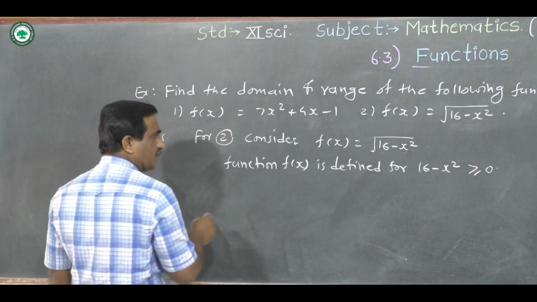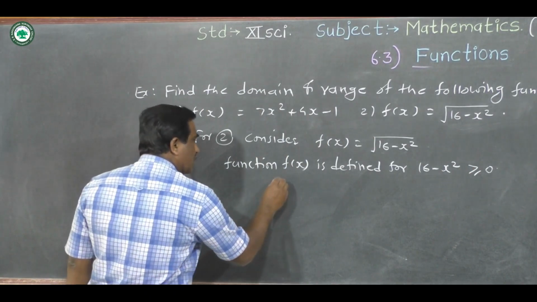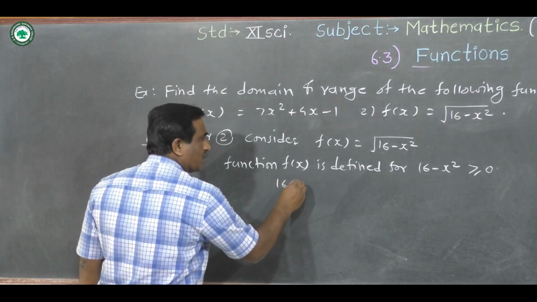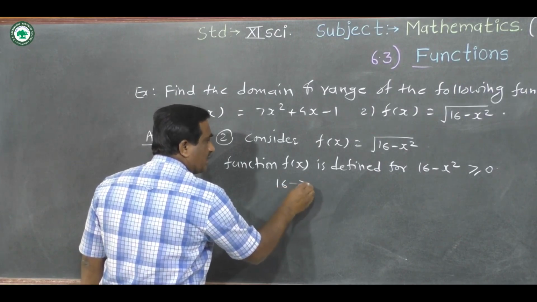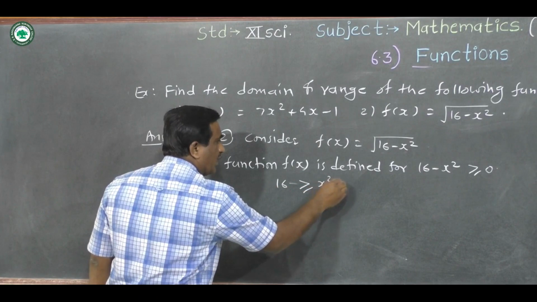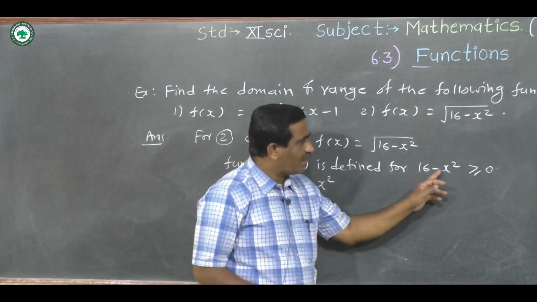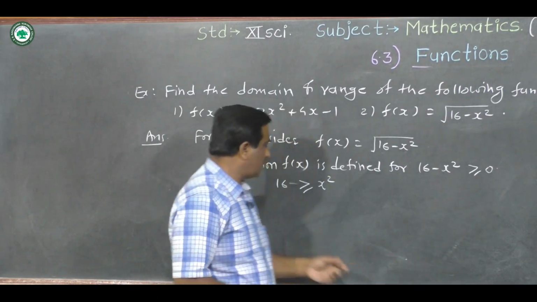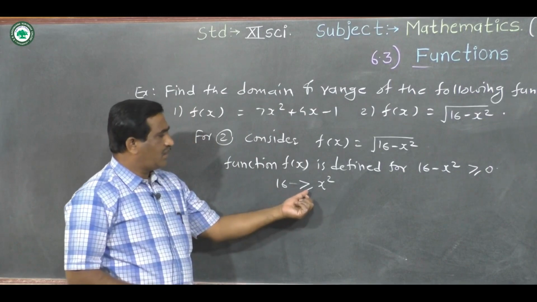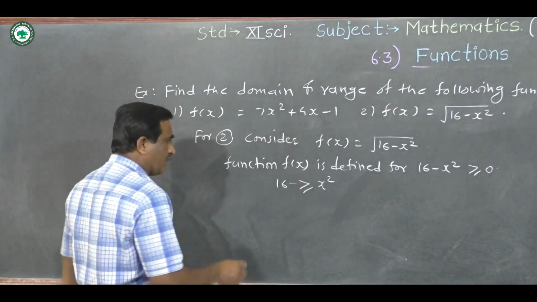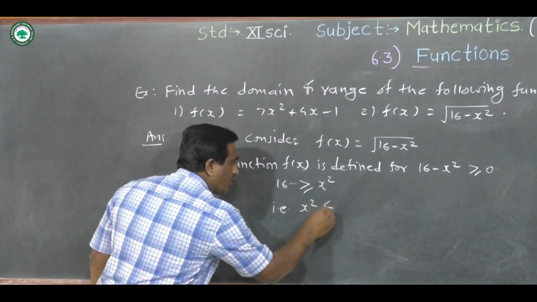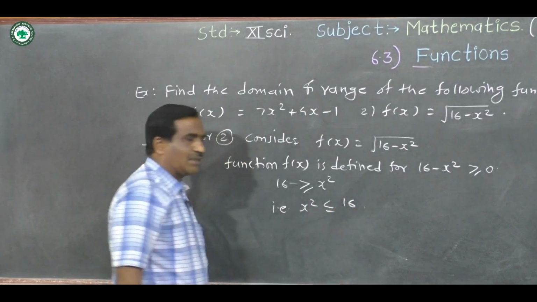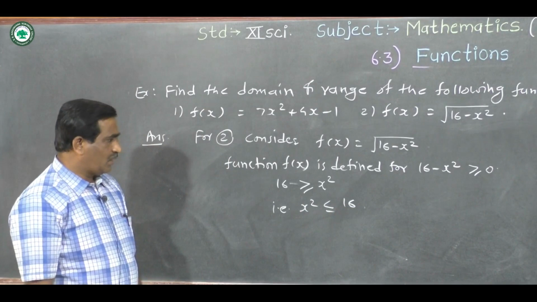That is, we can write 16 minus x square greater than or equal to 0. We can take this minus x square to the RHS, then we can write 16 greater than or equal to x square. That is, x square less than or equal to 16.